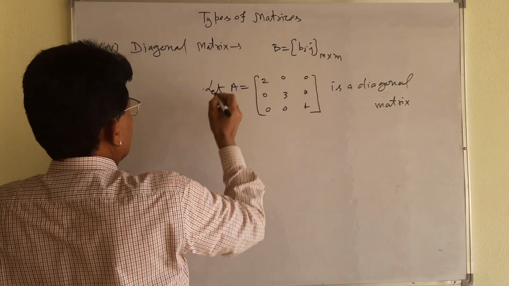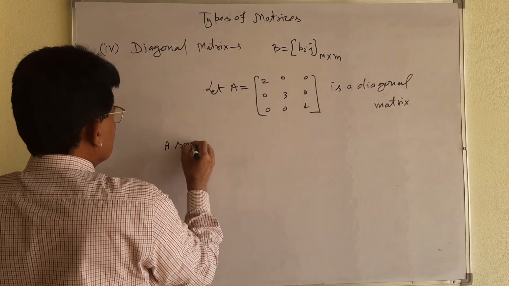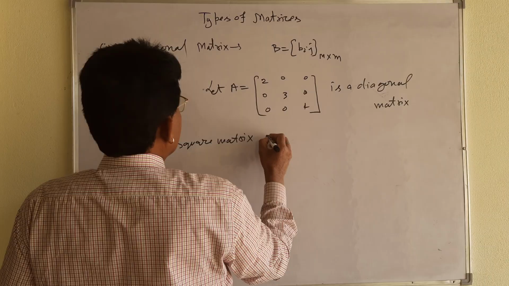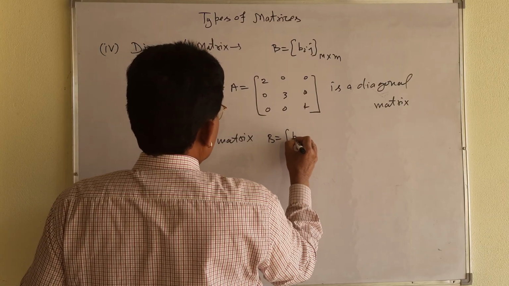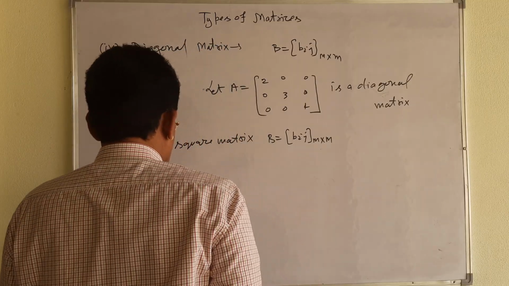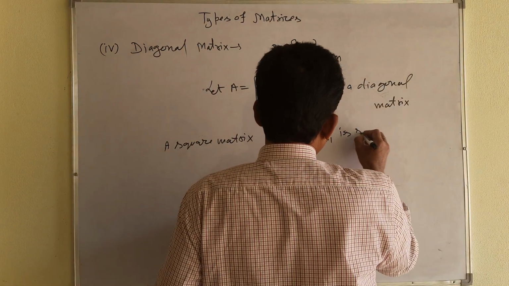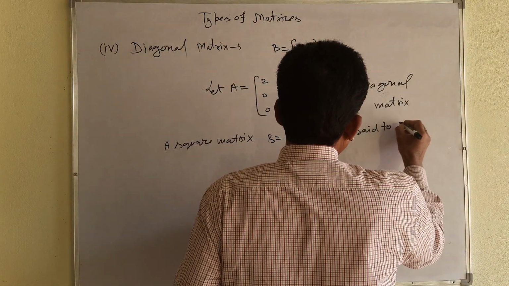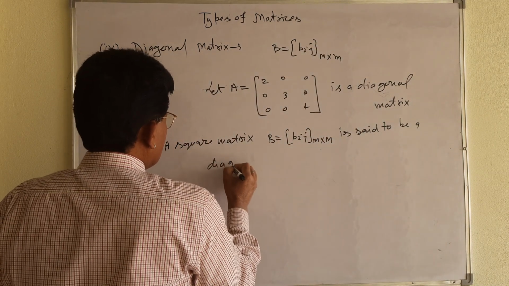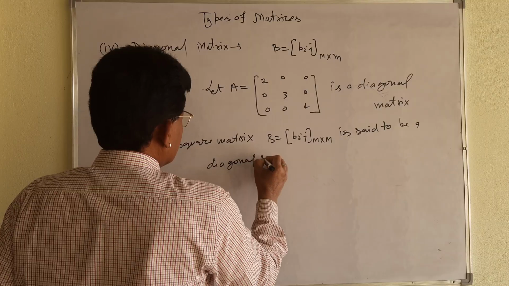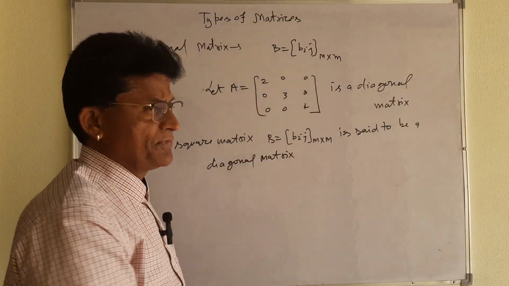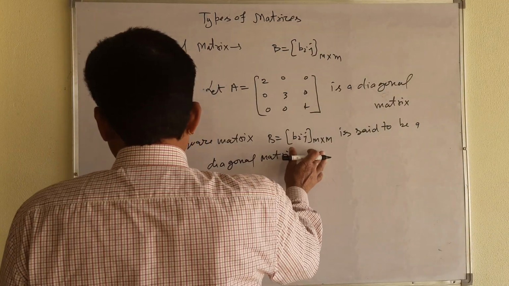You must take a square matrix. What is the square matrix? B, same thing, I am taking Bij. An m by m matrix is said to be a diagonal matrix. I am writing the definition also. Diagonal matrix, example. I have taken the example. I think it is clear to you. The definition is clear, but I am writing the definition also.